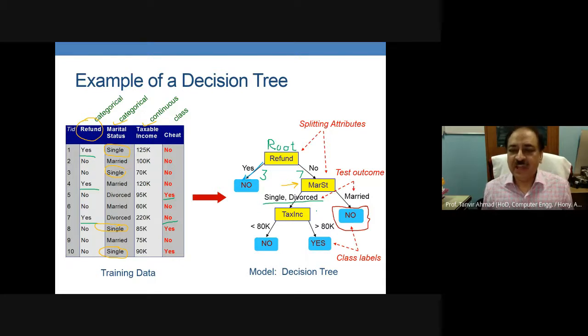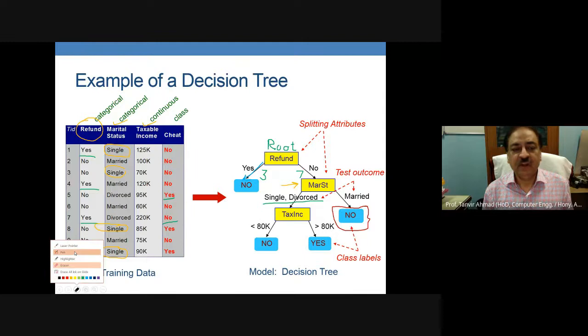But if there were more than one attribute, you would have to calculate the information gain in order to find the one which will come over here. But here you are not going to do that, because there is only one attribute left.